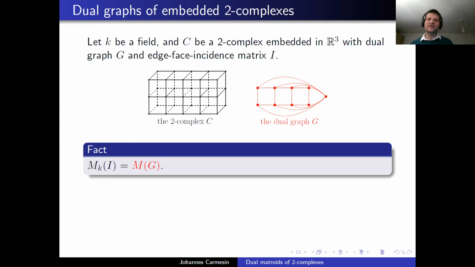And actually this 2 complex now has a simultaneous embedding with the black 2 complex into 3-space. We know already that the red graph is the dual graph, and now for every edge of the black graph, we add a face. If we look back at the embedding of the black graph, into each chamber we put a red vertex. Into each black face, we have a red edge going across.